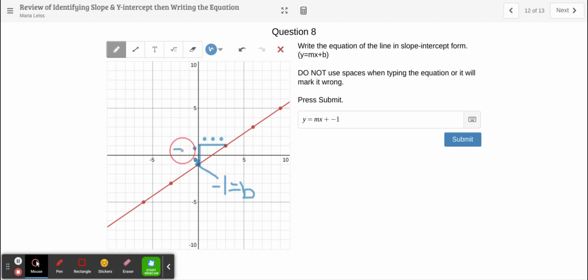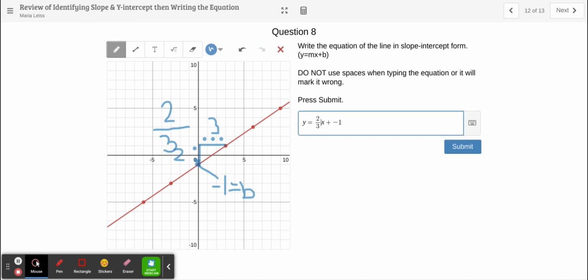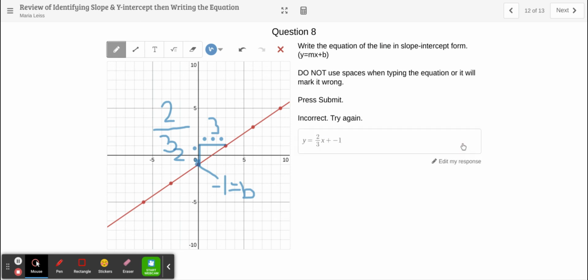So my rise was 2. My run was 3. So my slope becomes 2 over 3. So then all I have to do is come back to my equation, take out the m, and put in 2 over 3. Let's see how we did.